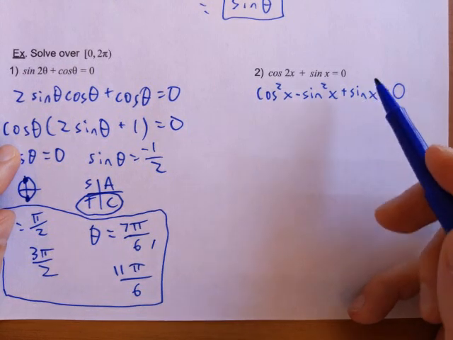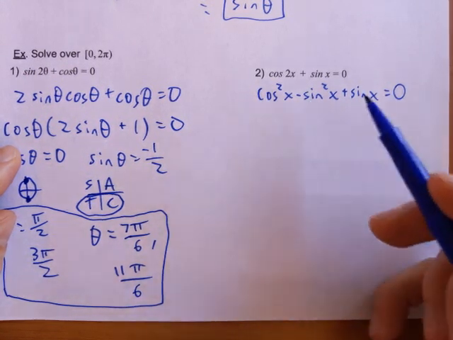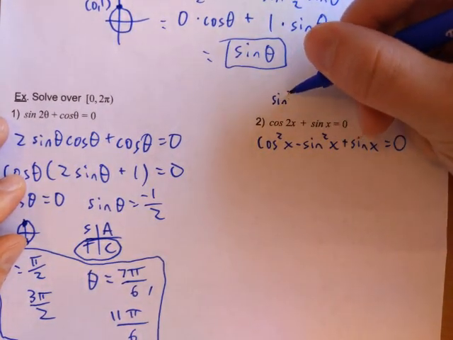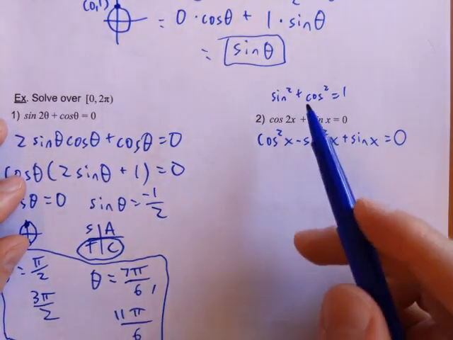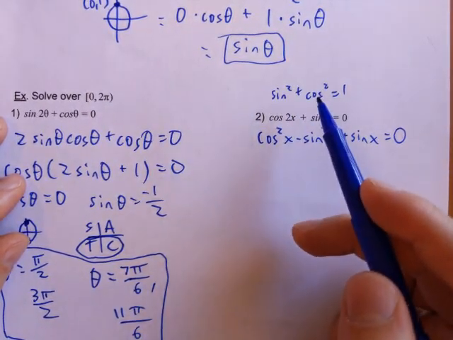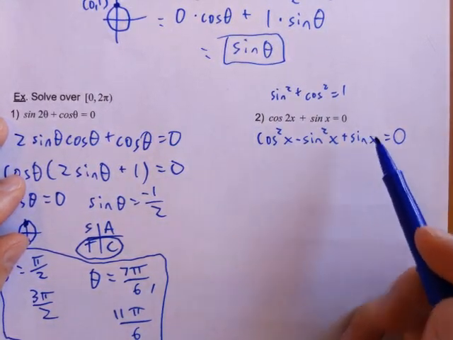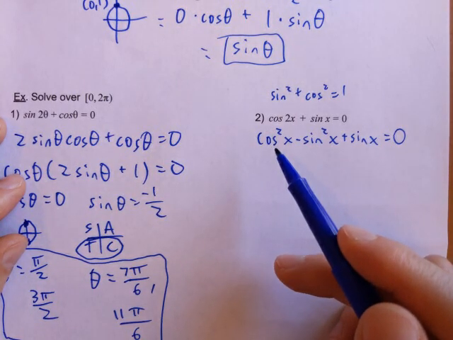Well, since this sine doesn't have a squared on it, there's no way we're going to replace that sine. The way we replace these is those Pythagorean identities, meaning that sine squared plus cosine squared equals 1. It's only true if it has the square on it. So I can't replace the sines. I've got to replace one of these. Well, if I'm always going to have that sine there, I want to make the cosine go away.